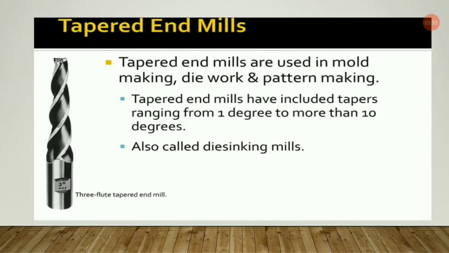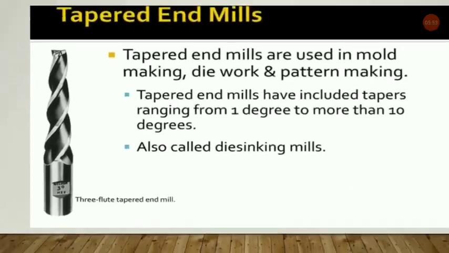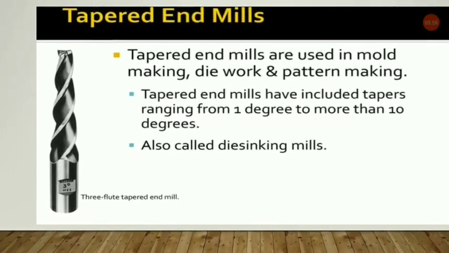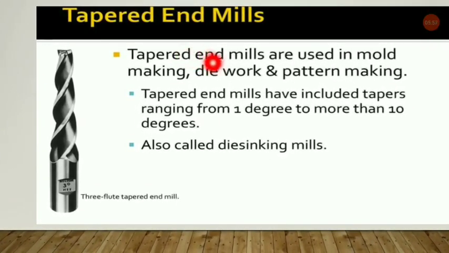Now coming to the tapered end mills. Tapered end mills are used in mold making, die work and pattern work, pattern making. Look at this tapered end mill, as you can see over here, this is a taper. The diameter is reduced as you go towards the end of this end mill.